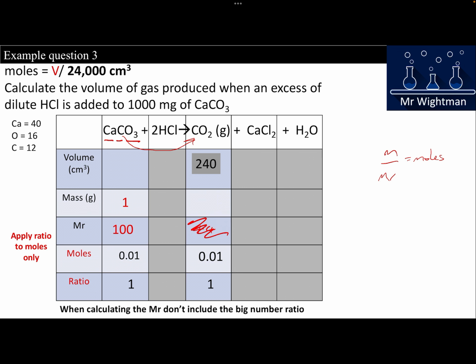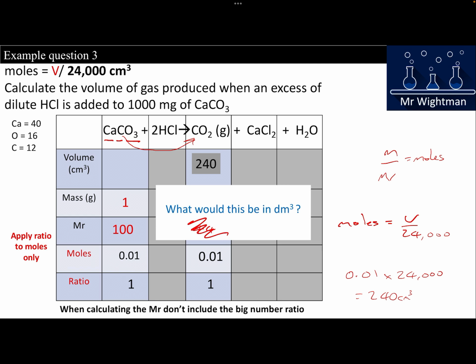And so rearranging the equation, if moles equals volume over 24 or 24,000, in this case I'll use 24,000, then 0.01 multiplied by 24,000 is 240 centimetres cubed. What will this be in dm cubed? To convert to dm cubed, we need to convert by dividing the answer by 1,000, and so that would be 0.24 dm cubed.